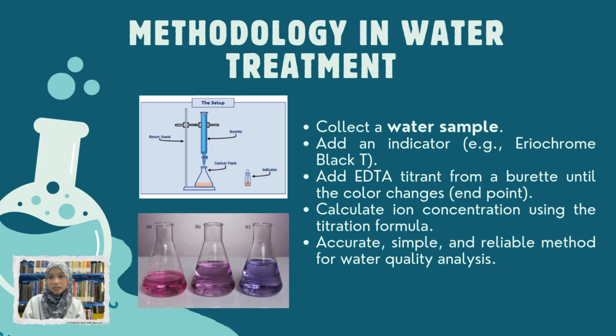Then, the titrant such as EDTA is delivered drop by drop from a burette into the sample until the color changes, indicating the end point of the titration. Finally, the concentration of the ions is calculated using the titration formula. This simple yet precise procedure makes volumetric analysis an essential technique for monitoring water quality.